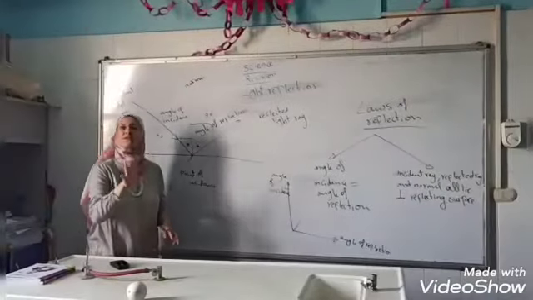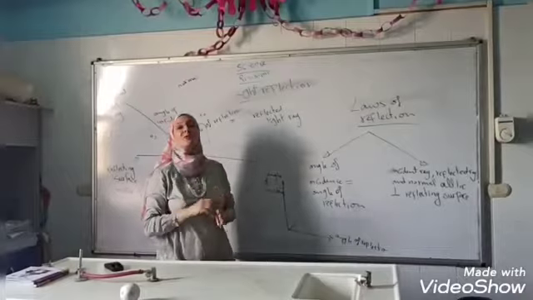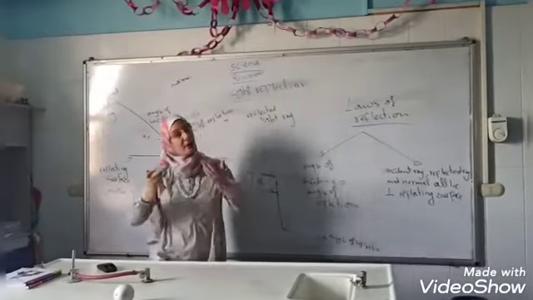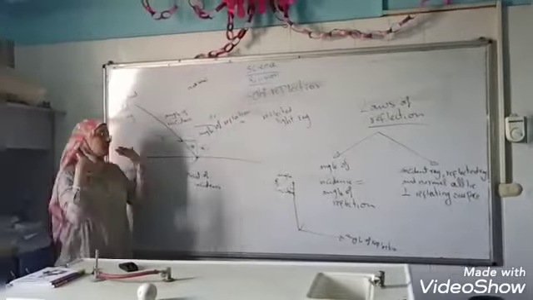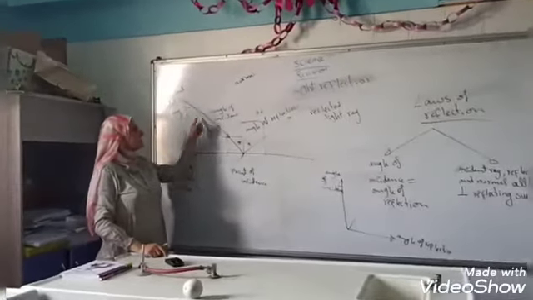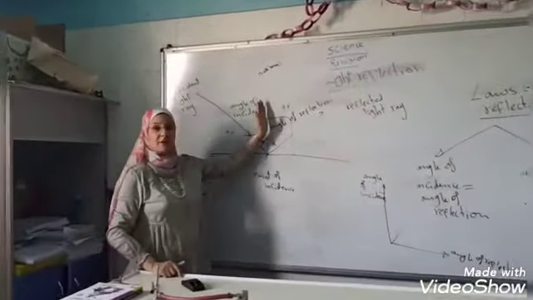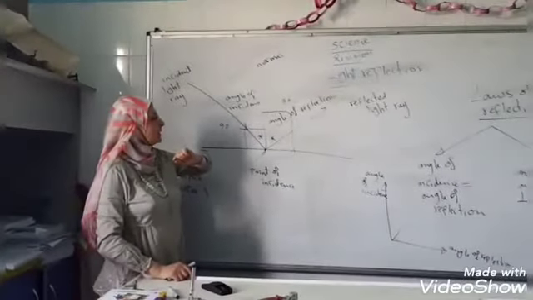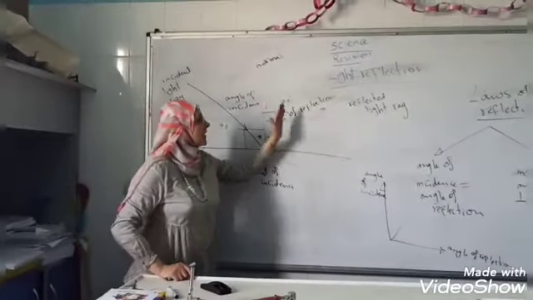The most important question is what happens when light falls perpendicular on a reflecting surface. First, remember that the angle of incidence is the angle between the incident light ray and the normal, and the angle of reflection is the angle between the reflected light ray and the normal.